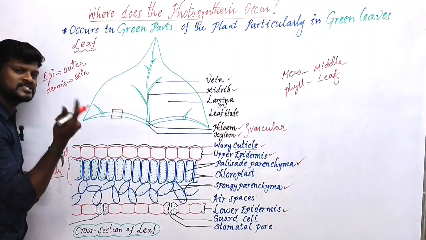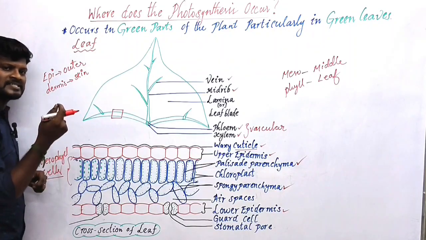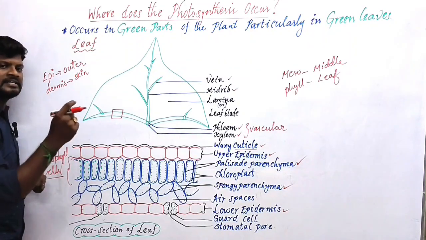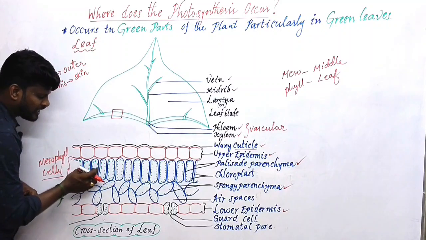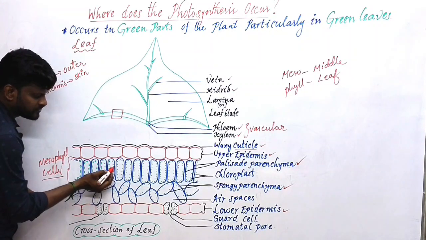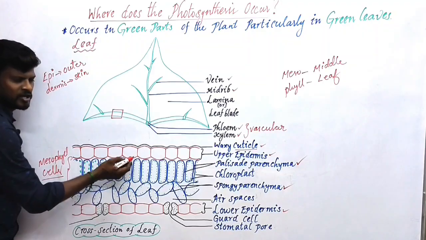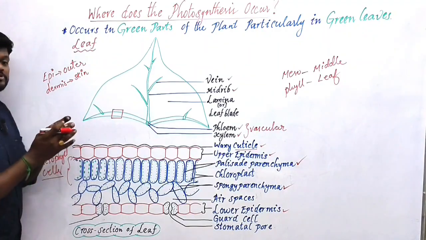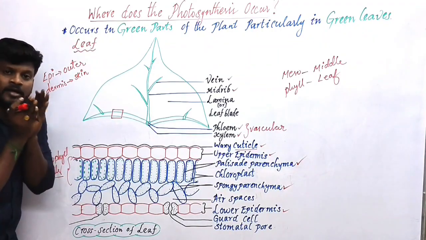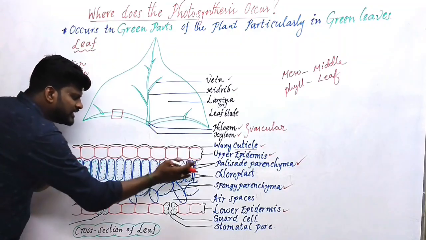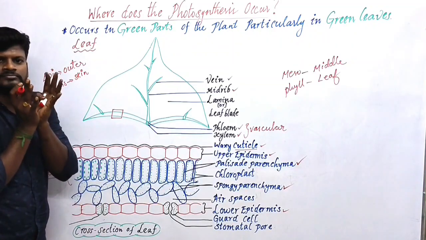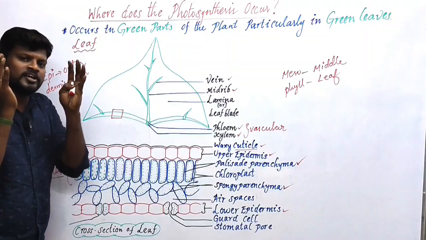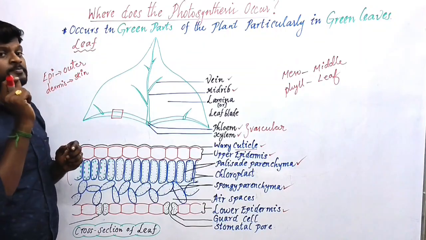Inter means between, right? Space is nothing but gap. Here the intercellular space is very little, because all these cells are closely packed together in a proper way, which reduces the intercellular spaces.